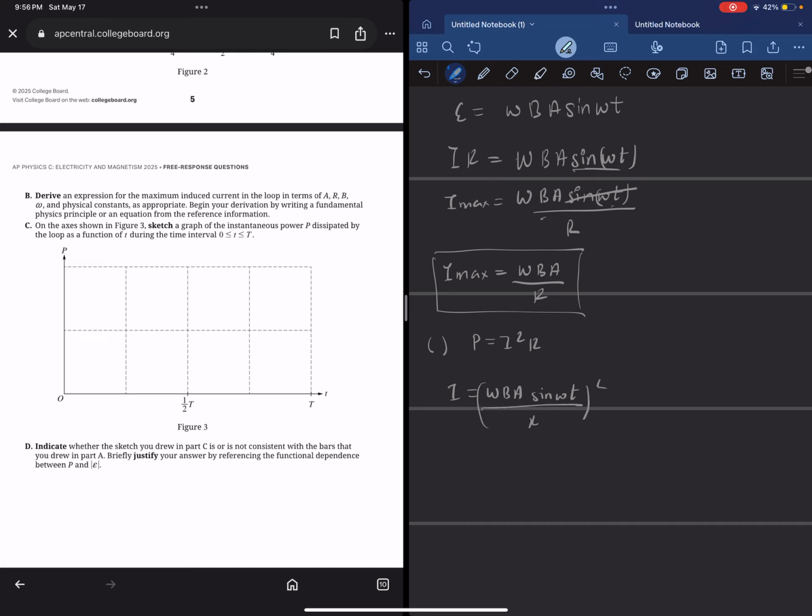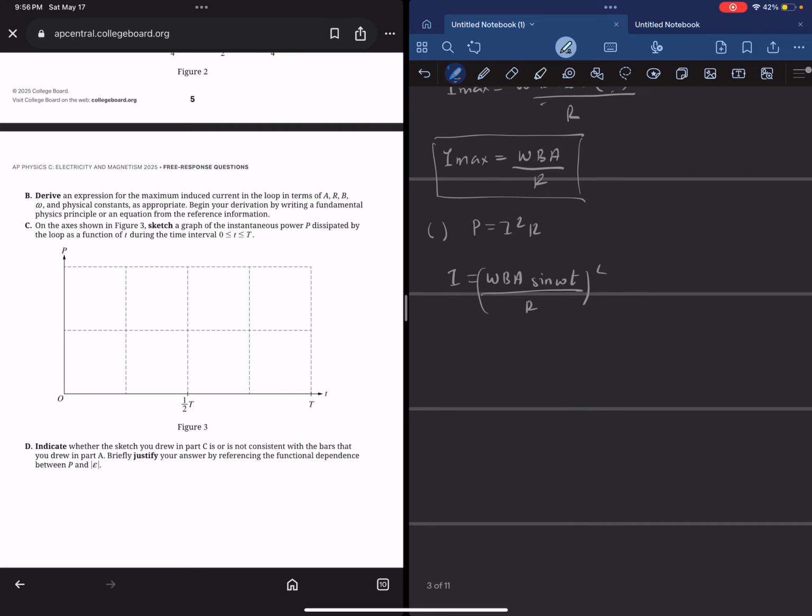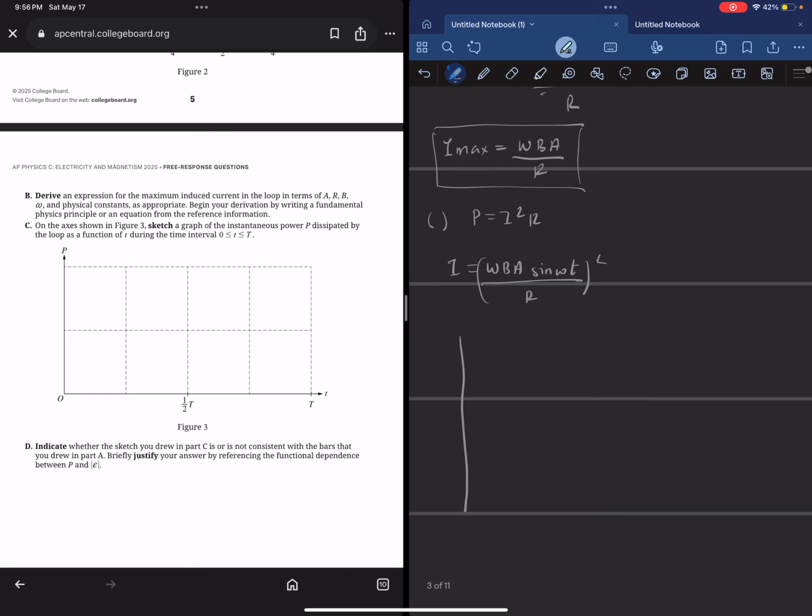This part is just a constant, that's a magnitude. So this is going to be a sine squared graph, all positive. Yeah, pretty much like that.